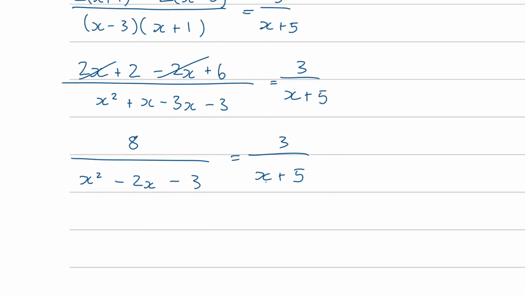By multiplying both denominators on both sides, we eliminate the denominators. So we get 8 times x plus 5 equals 3 times x squared minus 2x minus 3.